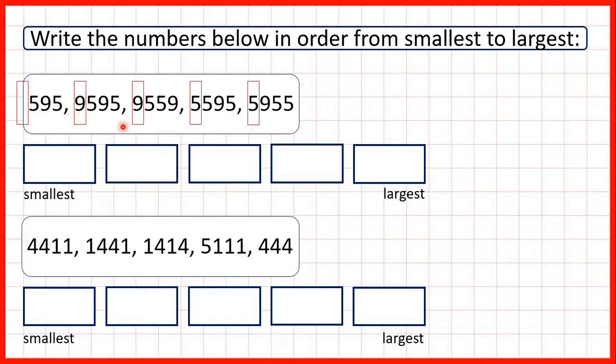So if we highlight our thousands digits, we can see that this first number, because it's only a 3-digit number, doesn't have a thousands digit. So really, we can imagine a 0 in the thousands. So we know that this number with only 3 digits must be our smallest number.